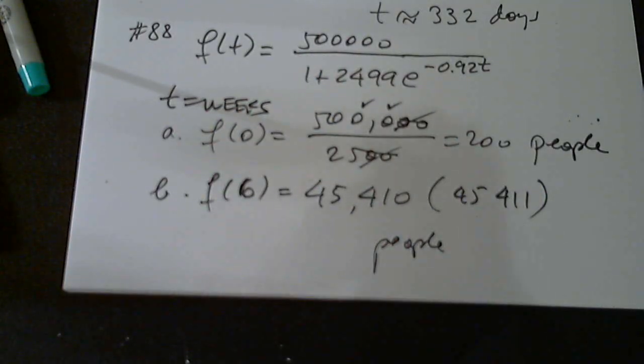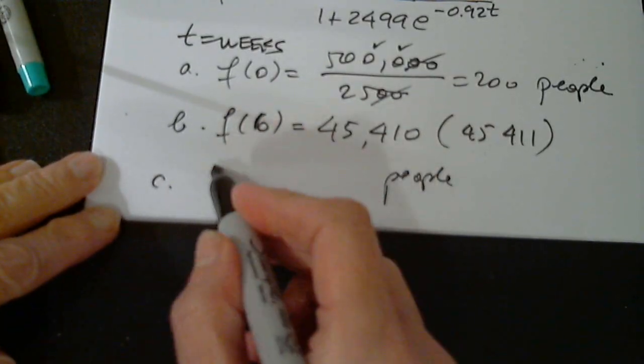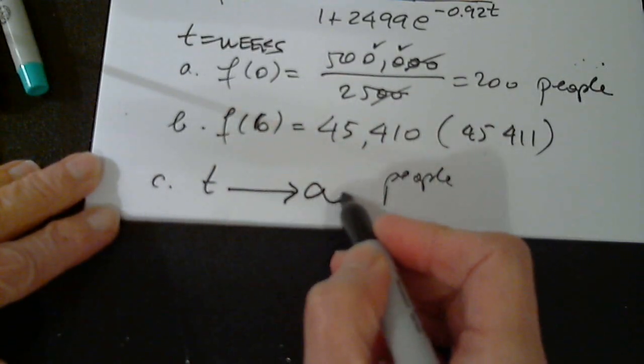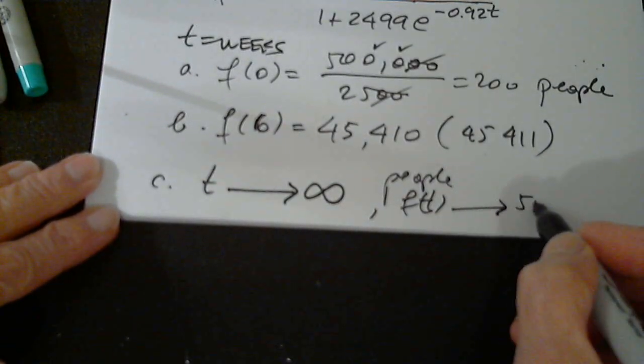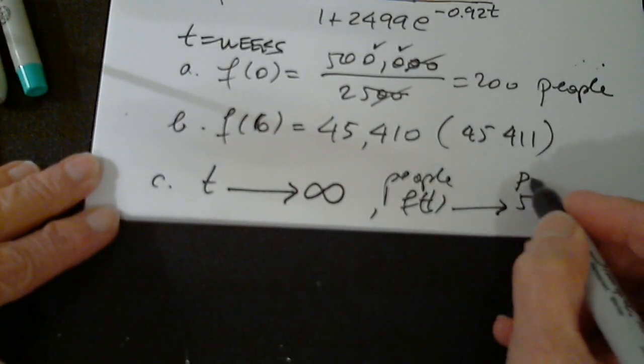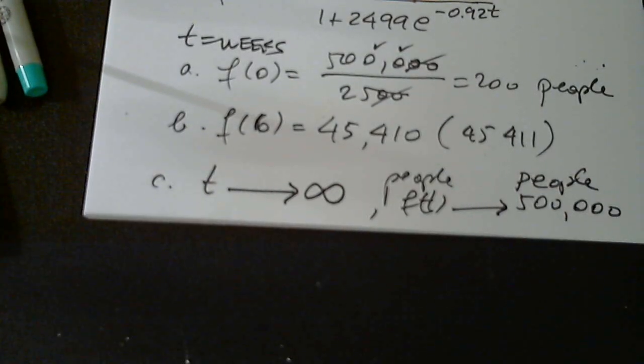In this case, in part C, as t increases, we say, without bound, f of t gets closer and closer to 500,000 people. This is all about 4.5, which I think is the most difficult, but as you see, it's not that difficult if you're paying attention and you redo the problems.